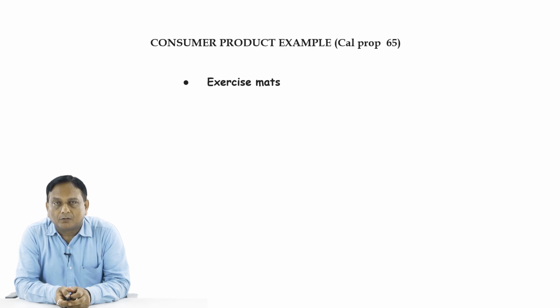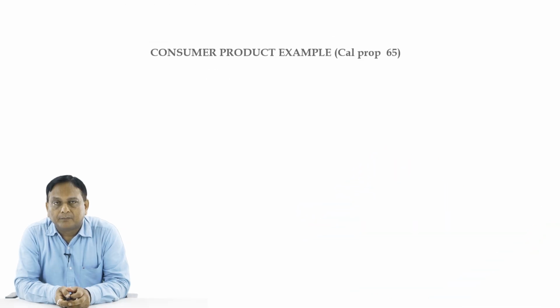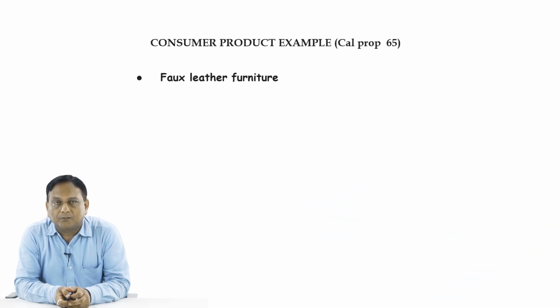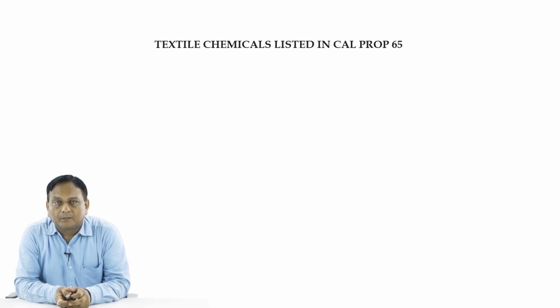It also covers exercise mats, clothing, etc. under this category. It also covers leather furniture, and it talks about jewelry products. These are the different examples of CalProp 65, and based on that, different chemicals are banned.